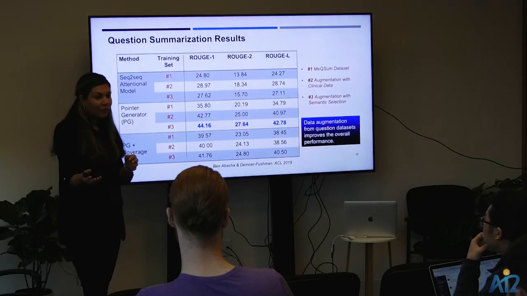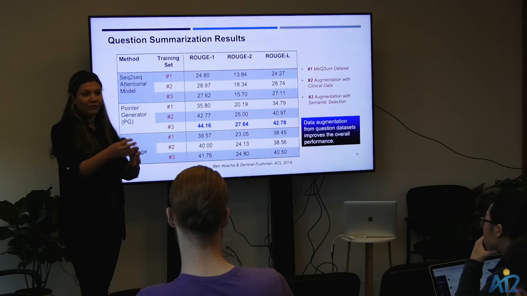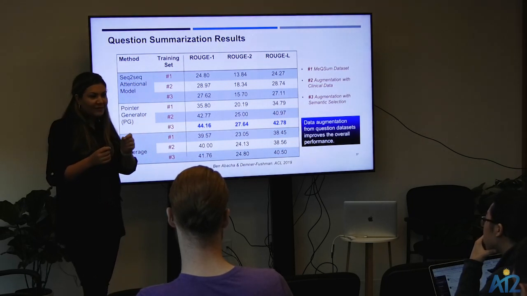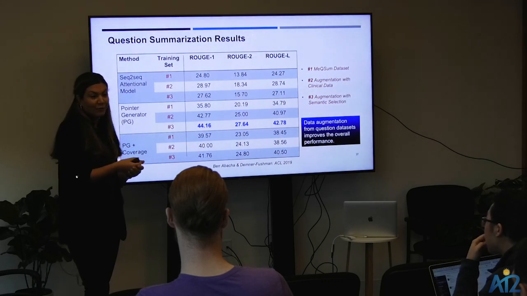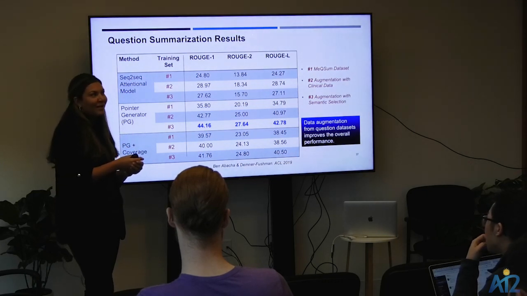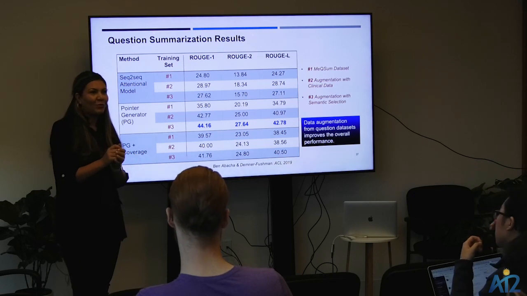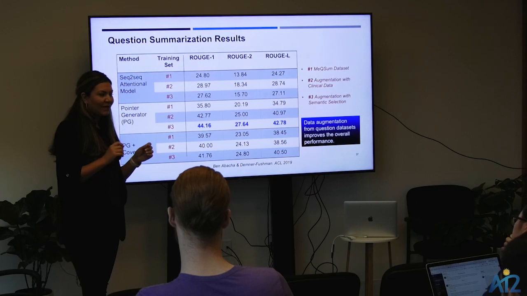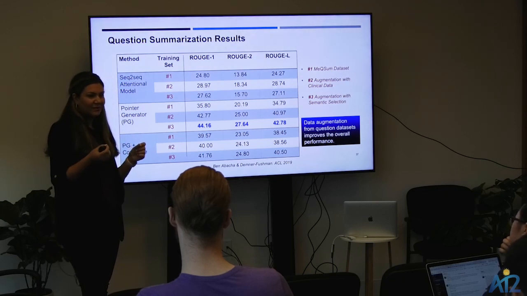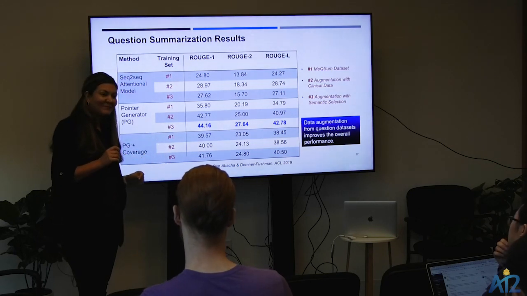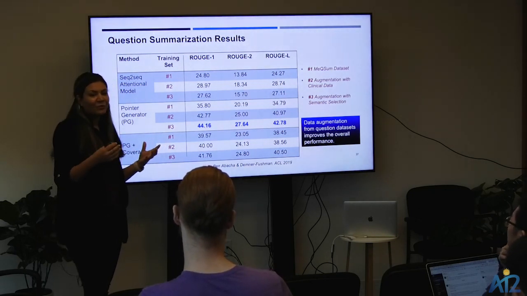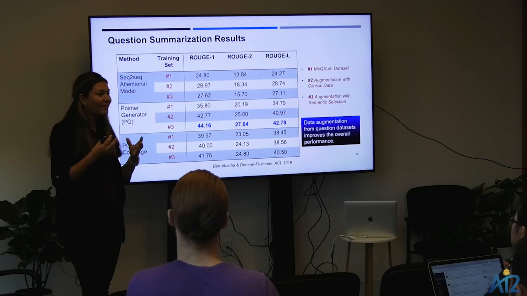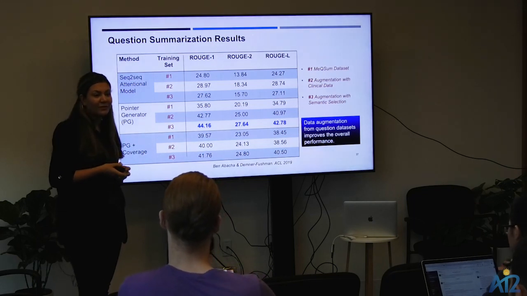The question could be asking what's causing this problem, but the question type or trigger keyword is missing from the question. And a third problem, which was around 8% of the errors, is that it's semantically inconsistent. It could be asking about treatment, but for a medication. I think this could also be easily solved with some semantic rules and systems.